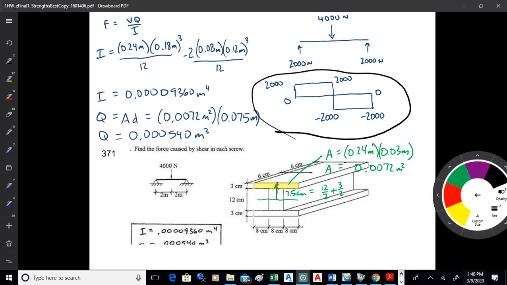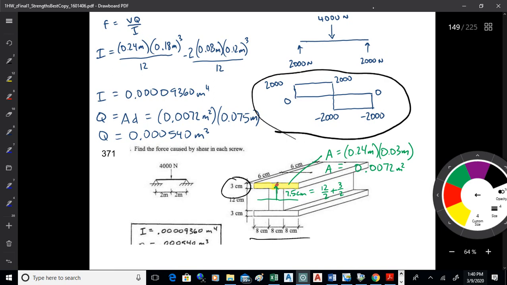And then for Q, you want to look at the area that would shear off. 8, 8, and 8 makes 24 times 3 centimeters. In meters, that's 0.0072. Then you look at the distance from the neutral axis, which will be in the middle of that web, to the centroid of the area that would shear off, which is that top board.